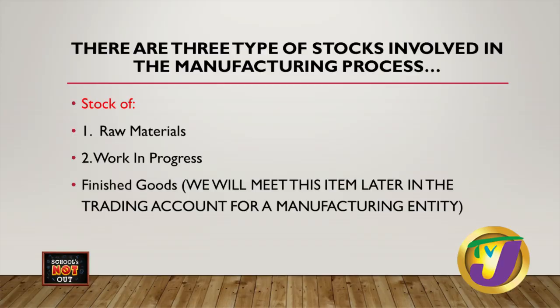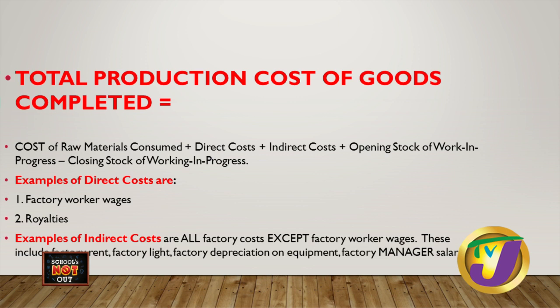Today we learned that our total cost of production of goods completed can be easily calculated. It is the cost of raw materials consumed plus direct cost plus indirect cost plus opening stock of work in progress minus our closing stock of work in progress.